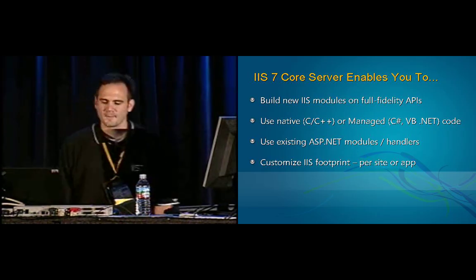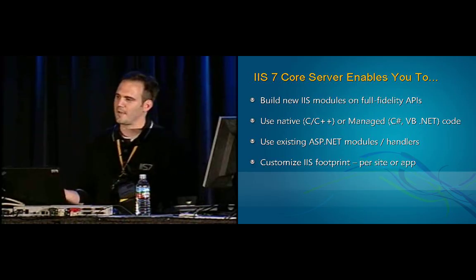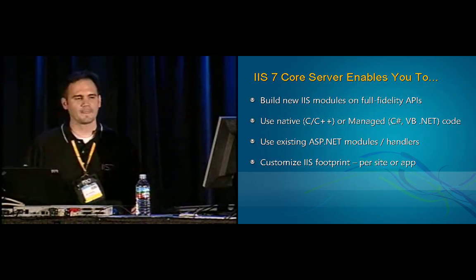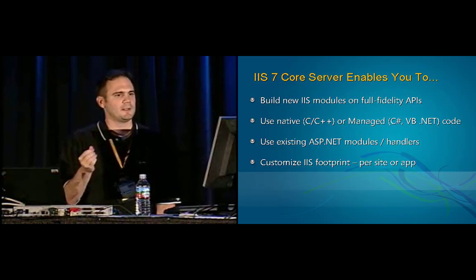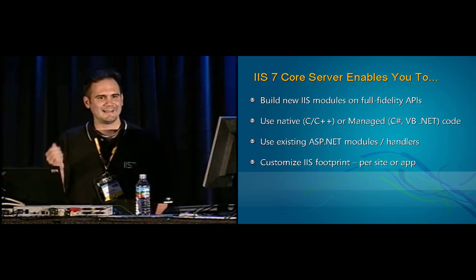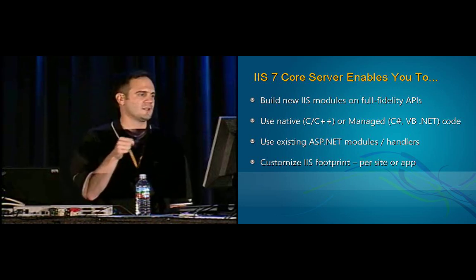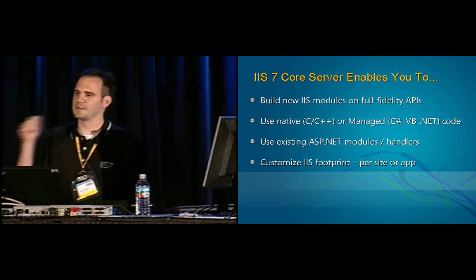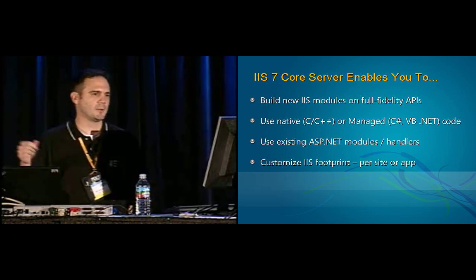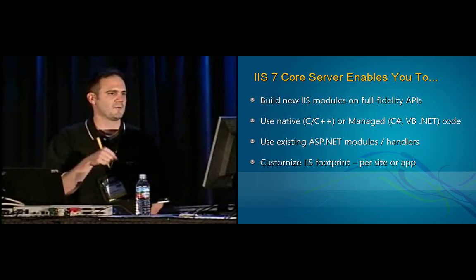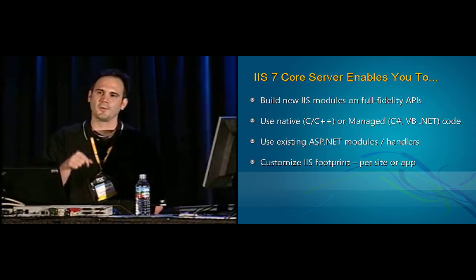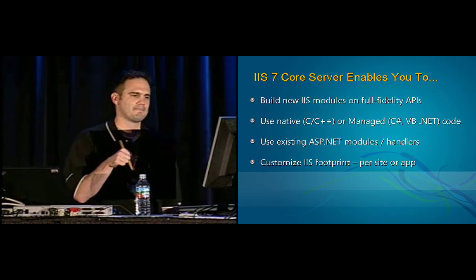To accomplish this, we decided not to go invent yet another API. Instead, we took the IHttpModule API that exists with ASP.NET today, and we plugged it into this new IIS pipeline. So whether you're writing C++ code or C# code, you can now plug directly into IIS as a core server module and intercept every single request and do whatever you want with it.